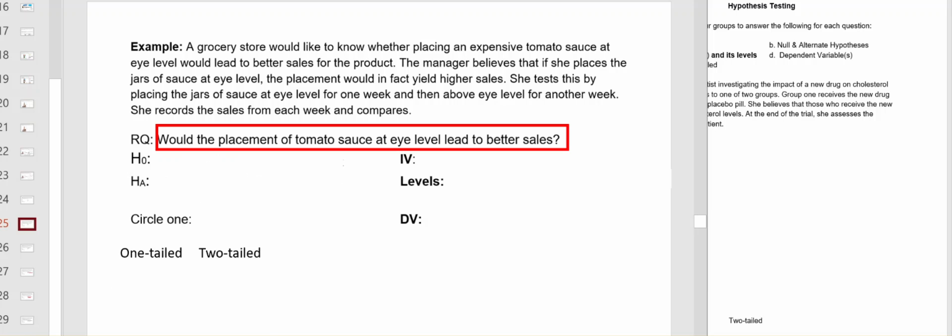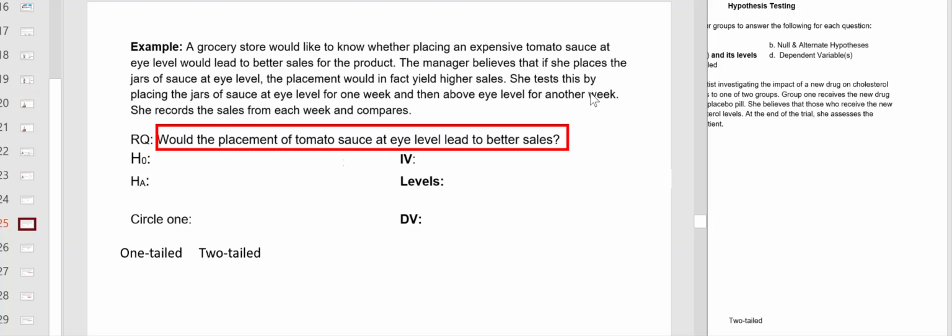Now let's move on to the independent variable and dependent variable. And so again, think about the independent variable as something that's manipulated or controlled. In this case, something that's changing. She tests this by placing the jars of sauce at eye level for 1 week and then above eye level for the other week.